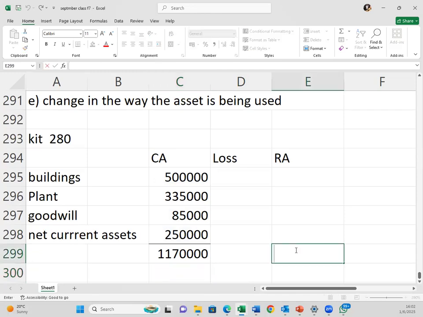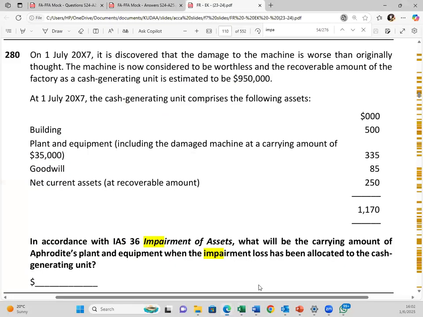So we are given the recoverable amount. The question was saying that the recoverable amount is, let's go and check how much it is. We are told that we can recover 950,000.